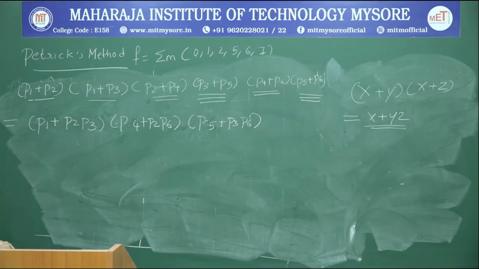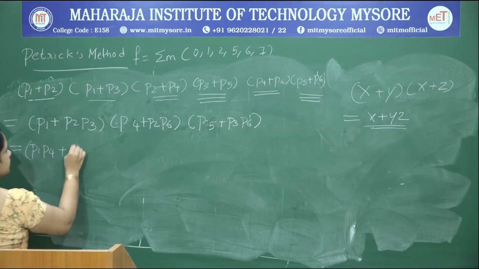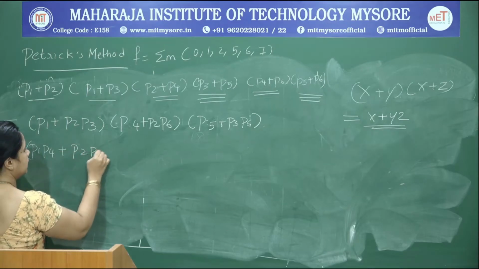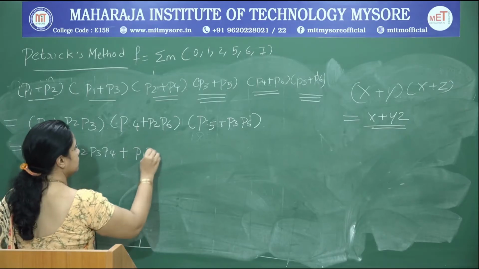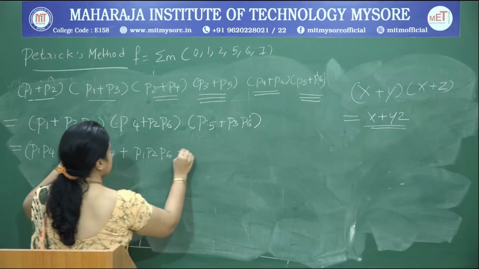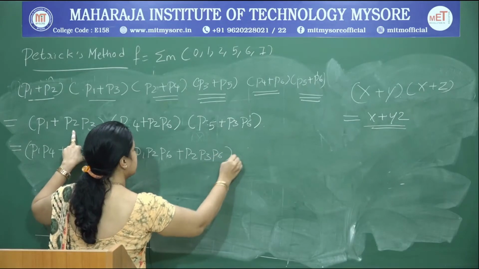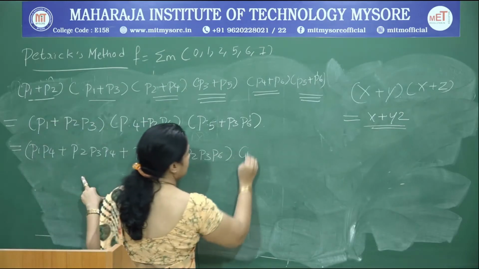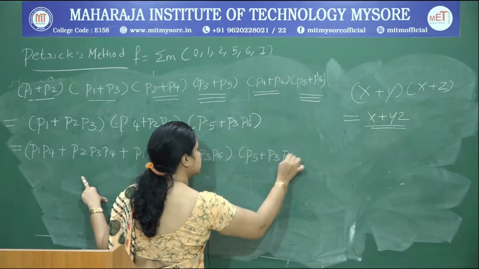Now we will try to multiply every term with every other term. So we will get P1 P4 plus P2 P3 P4 plus P1 P2 P6, multiply this with this, we get P2 P3 P6 into P5 plus P3 P6.